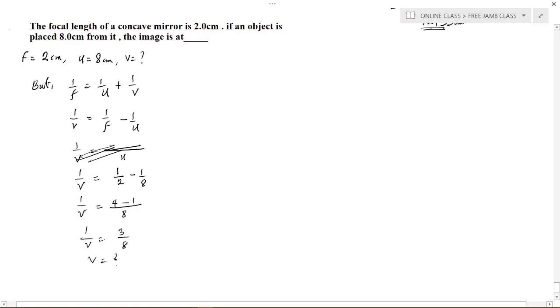V equals 8 over 3 centimeters, which is 2.67 centimeters.